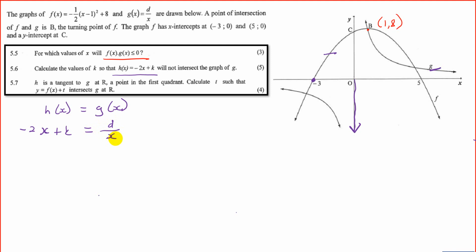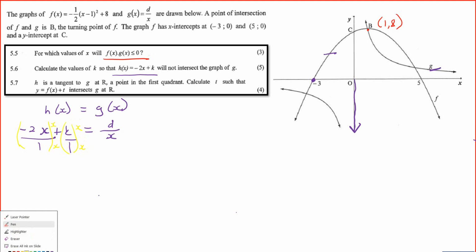And what we're going to do here is find an LCD, which will be x, and we're going to multiply to get our LCD going. We multiply the first term by x, second term by x, and if we look at the last one, d over x, the denominator is x.